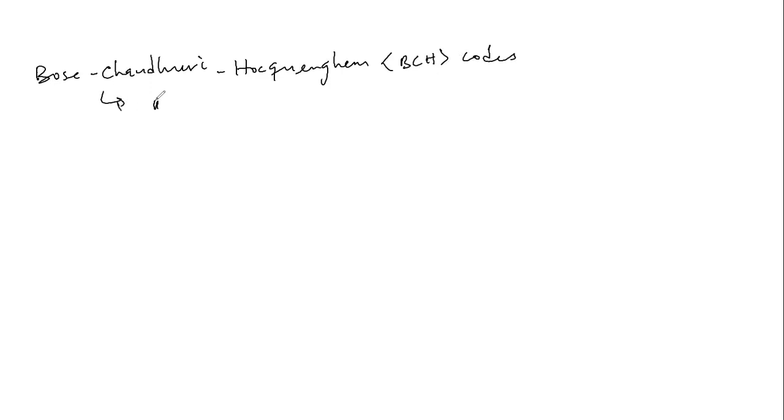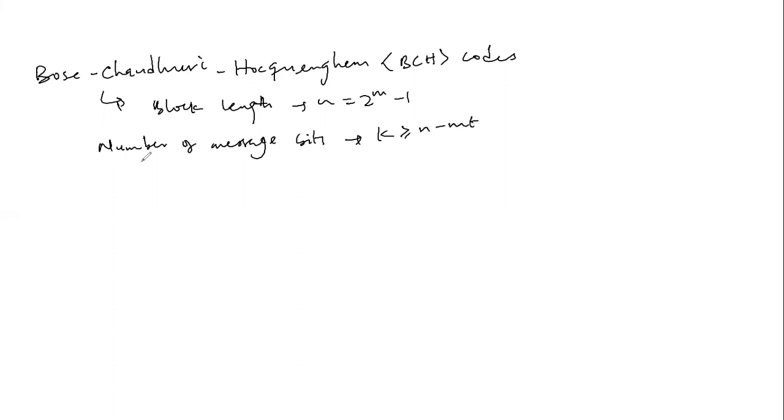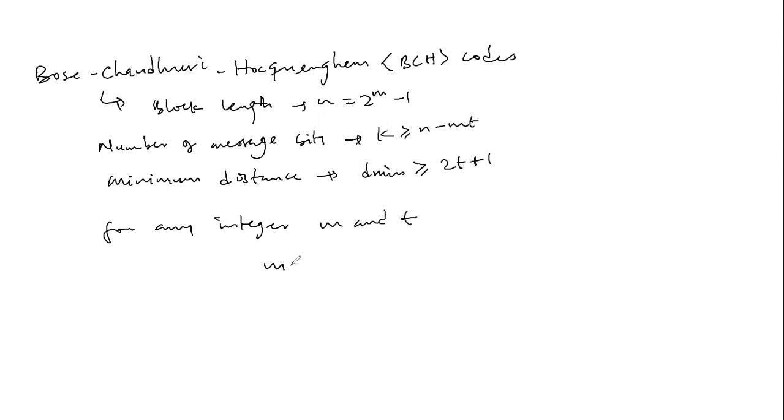Now, these codes are characterized by the block length n equal to 2 to the power of m minus 1, the number of message bits k being greater or equal to n minus mt, and minimum distance d_min greater or equal to 2t plus 1, for any integers m and t, where m is greater or equal to 3, and t is less than 2 to the power of m minus 1 over 2.